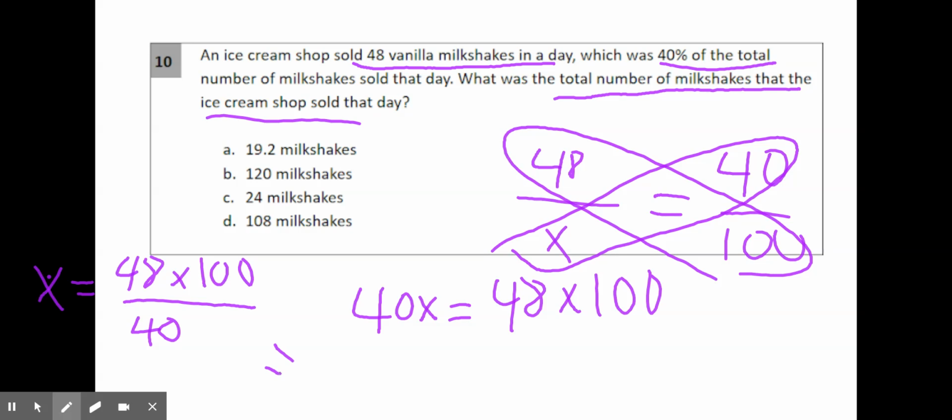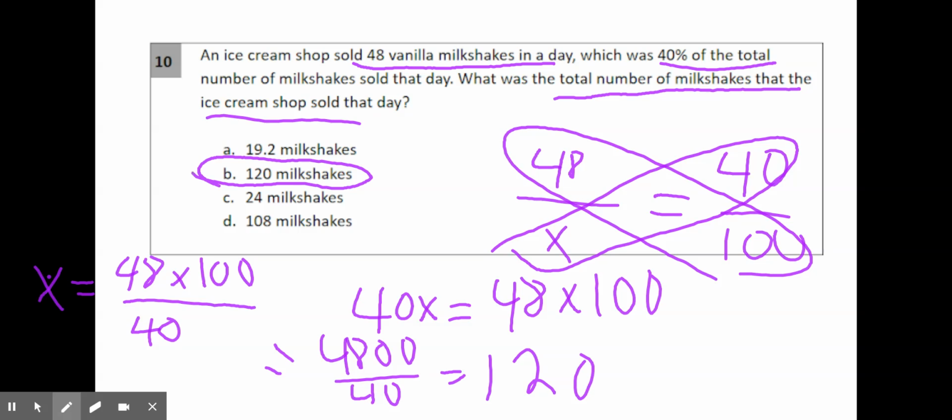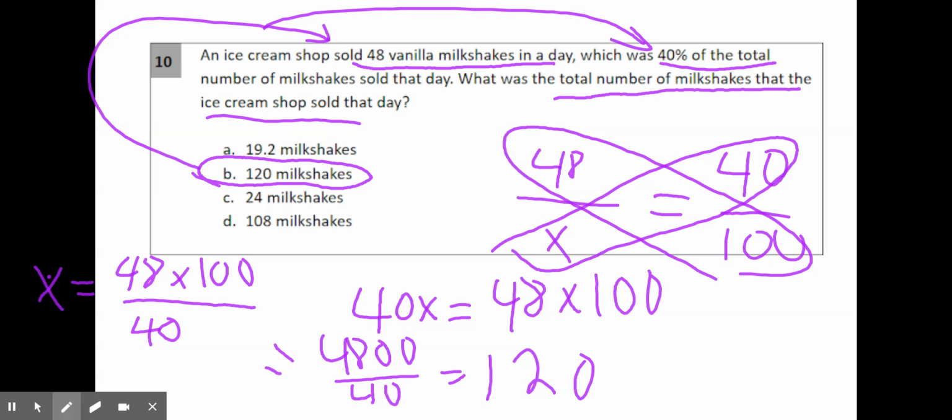And that just equals 4,800 divided by 40, which equals 120. So our answer is that they made a total of 120 milkshakes, but they only sold 48 of those milkshakes, which is 40% of that total.